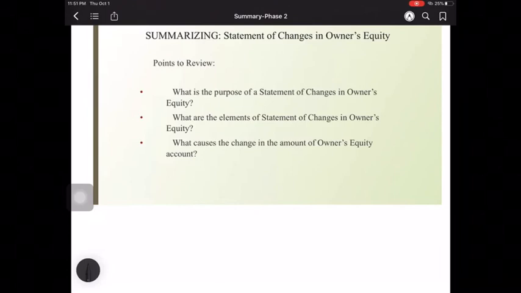Again, let me repeat, your net income and your net loss cannot exist simultaneously. They are exactly the opposite of each other. So if there is a net income, it cannot be that there is a net loss. So take note of that.